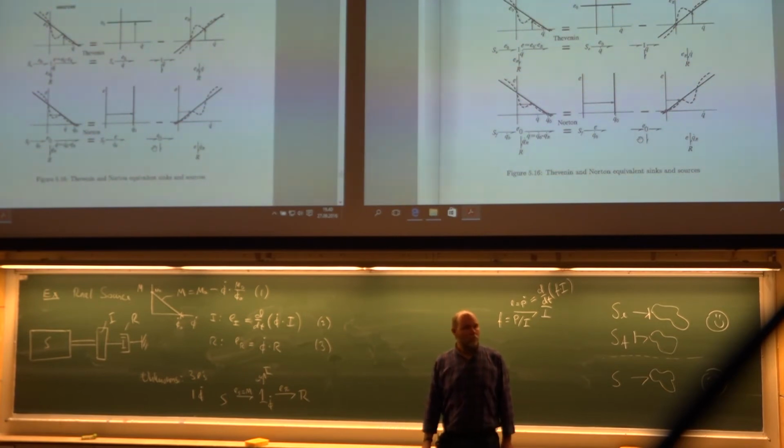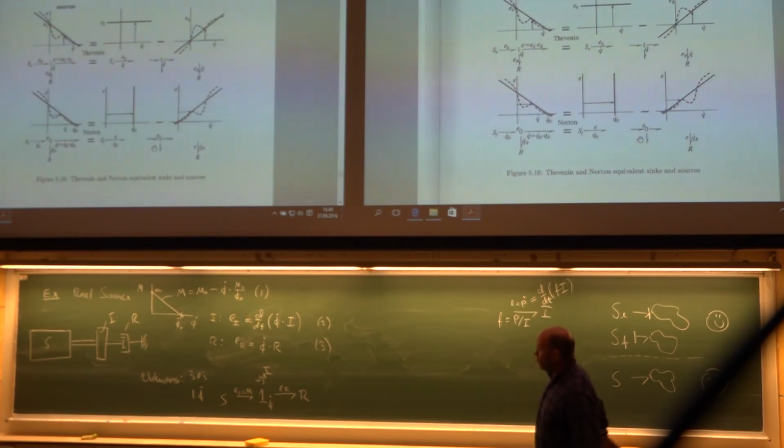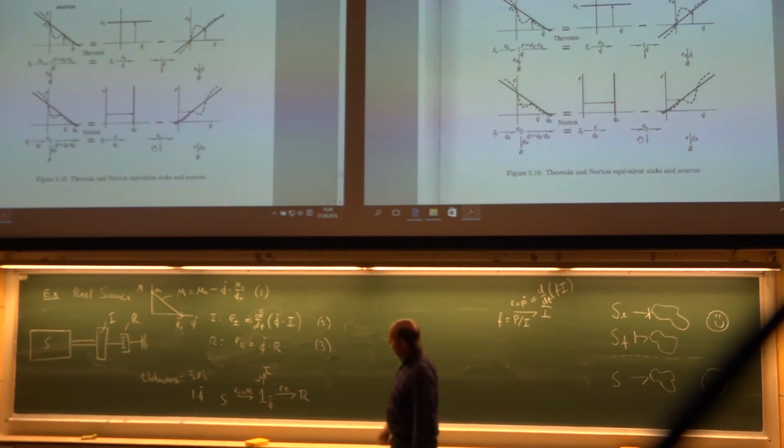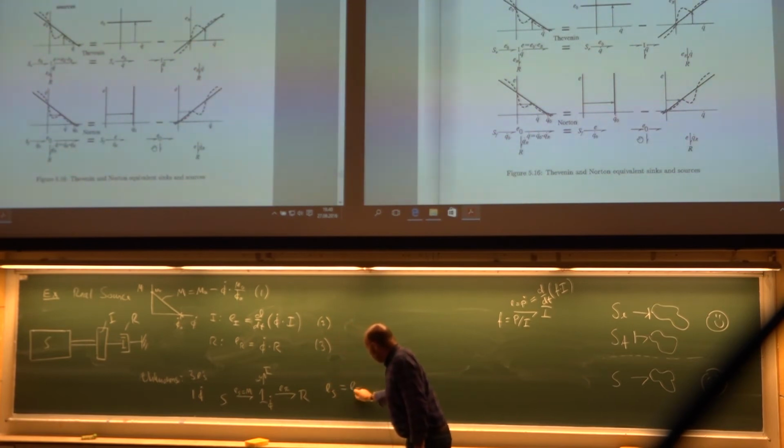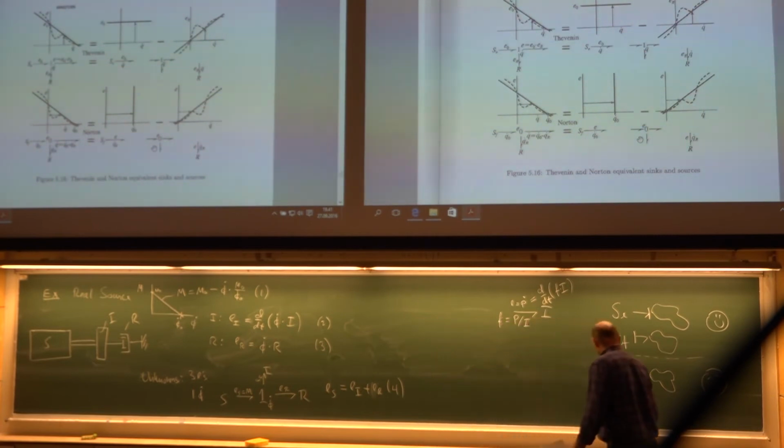Which one? The efforts in the joint. Yes. The summation rule around the one junction. So effort in, effort S has to be equal effort out, effort R. That is equation number 4. There you have it.